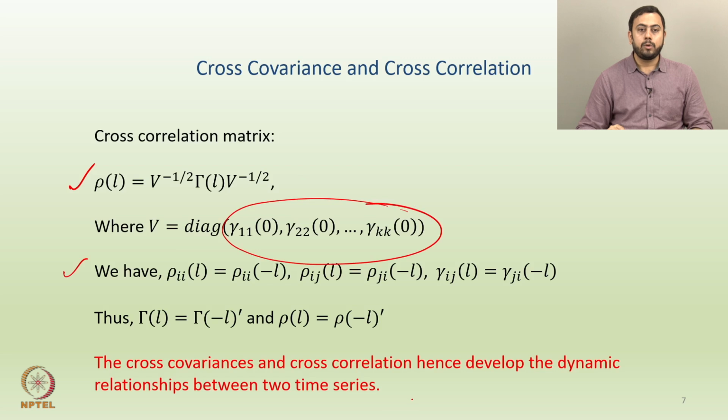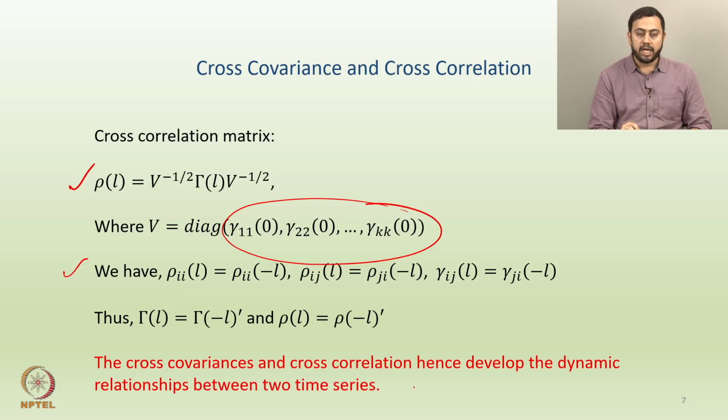So, rho_ii(L) equals rho_ii(-L). If you change the lag from L to minus L, something like t plus 2 and t minus 2, the correlation between y_t and y_t+2 should be the same as between y_t and y_t-2. This is the meaning of that.